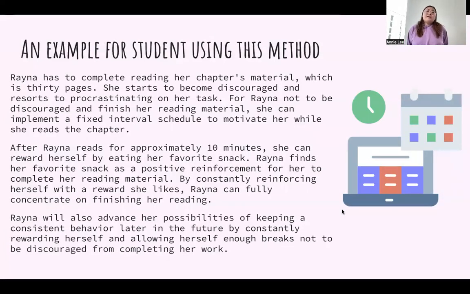An example of what students can do: Reina has a chapter that consists of 30 pages, and she decides to divide each portion into 2 pages, so she has to go through 15 portions for her consistent schedule.